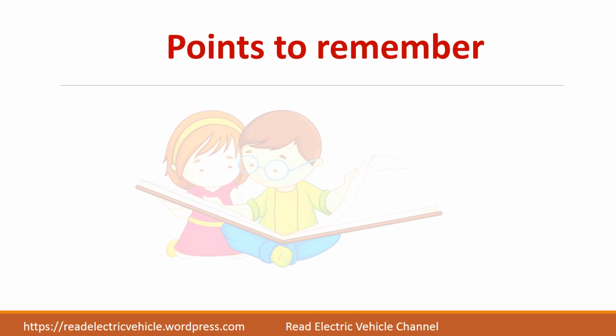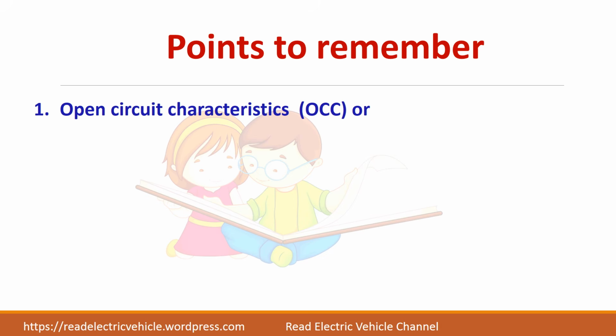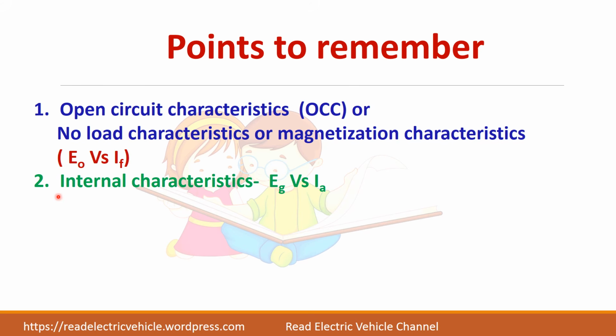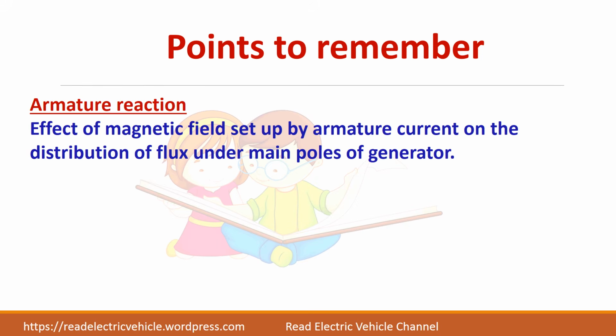So the points to remember here are, in a DC generator, 3 characteristics are important. One is the open circuit characteristics or no load characteristics, then the internal characteristics, and then the external characteristics. And armature reaction means the effect of the magnetic field set up by the armature current on the main flux.